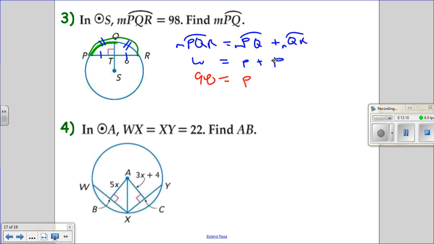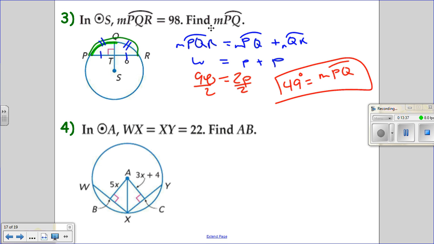So if you have part plus part, it ends up being two parts because they're the same. So if I divide both sides by 2, I will know what one part is. So 98 divided by 2 is 49. So that means the measure of PQ is 49 degrees, because it would be half of PQR, which is the whole thing.